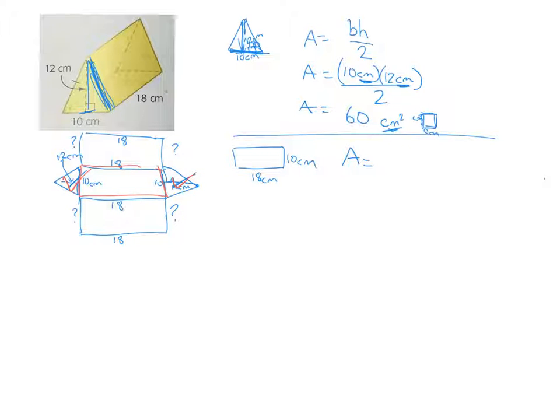So area equals, the shape is a rectangle, so go back to your tools, length times width. So I can just put the A right there, and I know the length. The length is my long side, which is 18 centimeters. My width is the short side, which is 10 centimeters. So fairly simply, 18 times 10, I love multiplying by 10, it's 180.